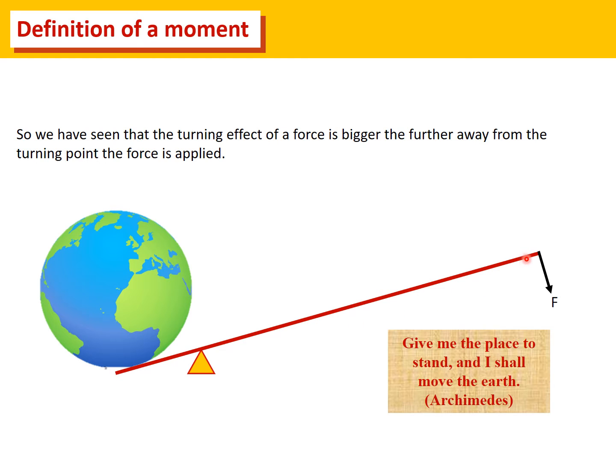Okay, because we would be rotating this lever about this point here. This would be called a fulcrum. So we'd be rotating this lever about this fulcrum or point of turning. And if this part of the lever here was long enough, we'd be able to move the earth.